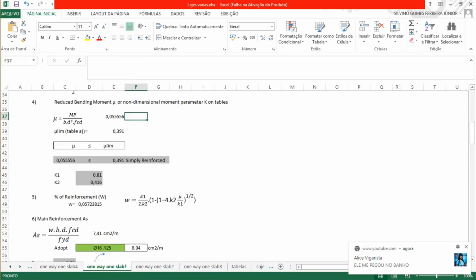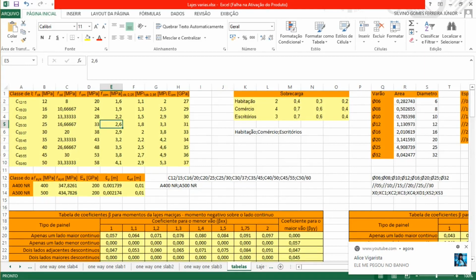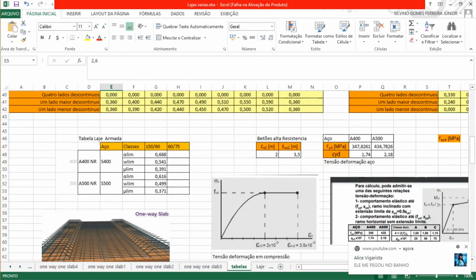So we compare in the table for this concrete and this kind of steel. So the mil limit, this is what we calculated. The mil limit, we have this on tables, Eurocode. So if we go here check, we are using A400, it will be 0.391.